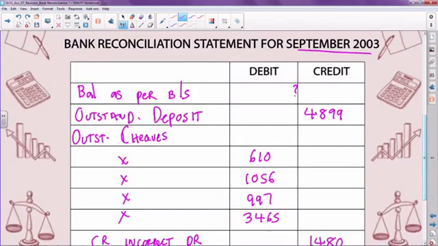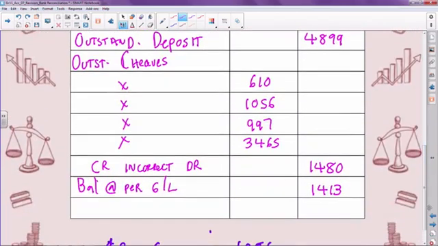So how am I going to go about calculating it? Very simple. I'm going to add up the debits and add up the credits, and whichever gives me the bigger total will be my total. I will then subtract to work out the balance that was not given to me as per bank statement.